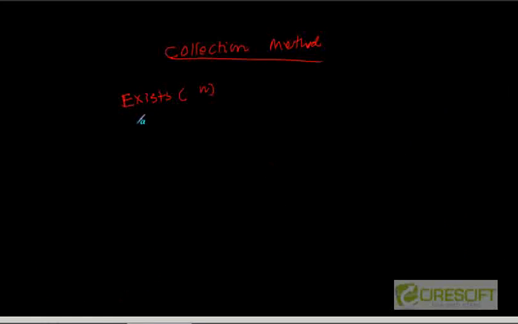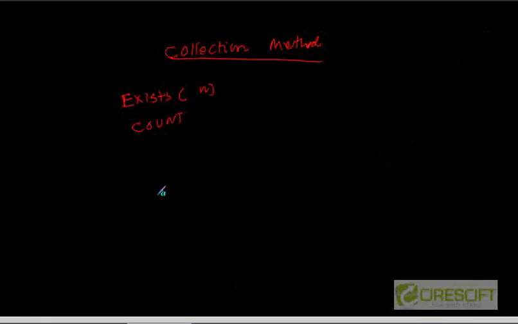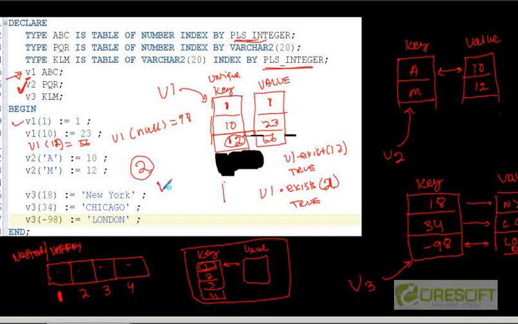Next collection method is COUNT. If I do v2.count, the value will be 2, because there are 2 elements in v2. Next methods are FIRST and LAST. In this example, if I do v2.first, it is going to give me a.